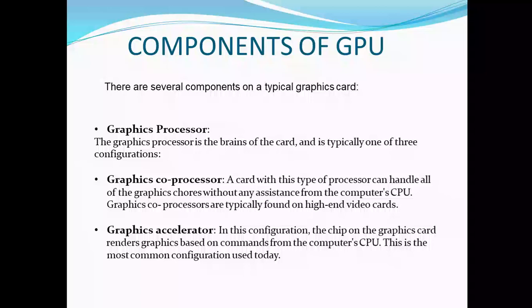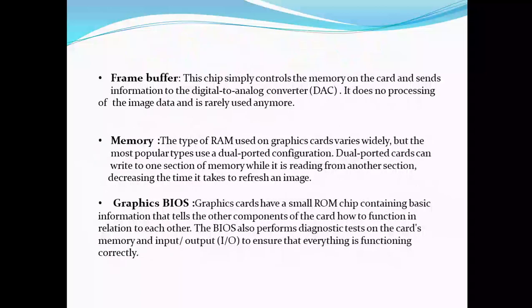Graphic accelerators: in this configuration, chips on the graphics card render graphics based on commands from the computer CPU. This is the most common configuration used today. Frame buffer: this chip simply controls the memory on the card and sends information to the digital to analog converters.